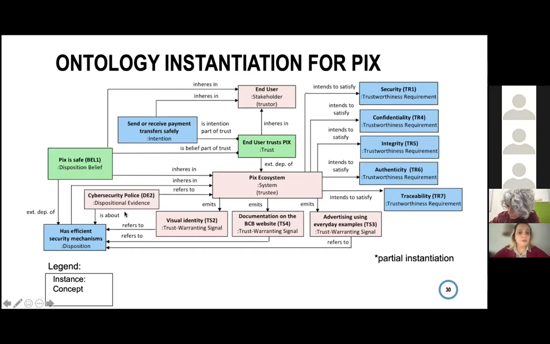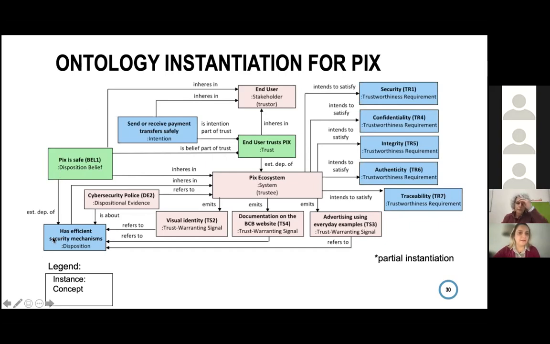And there are also some dispositional evidence. For instance, the fact that they are compliant with a cybersecurity policy, right? A particular one. And the user has, for instance, a capability belief, which says it is safe, right? And the system has the efficient security mechanism.